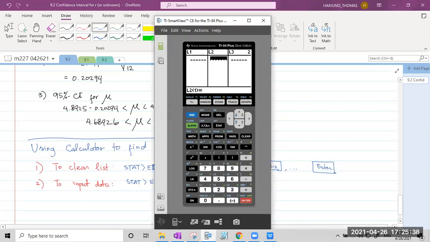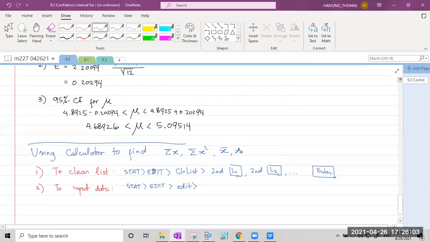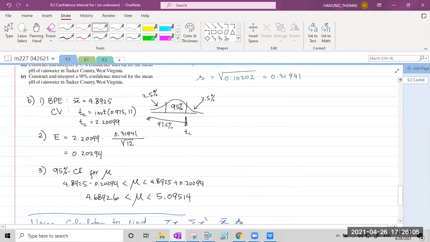So basically you go to Stat. It's already on the Edit, and the first option is already Edit also, right? Now then make sure you key in the correct column. Like for example, what I'm about to do right now is I will input the data into list number 1. Let me do so first.